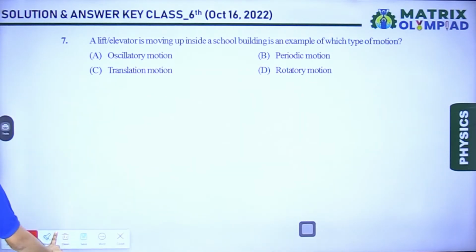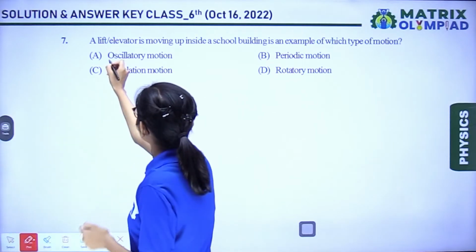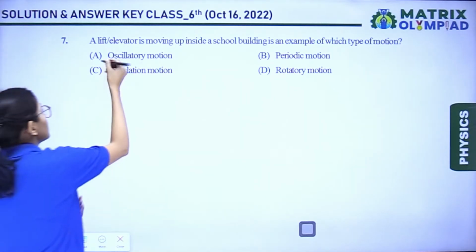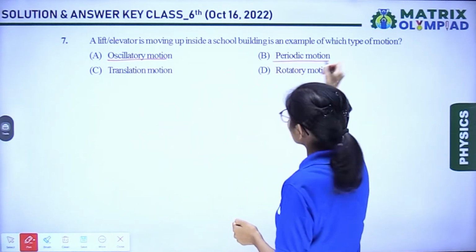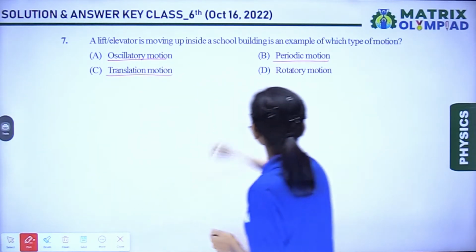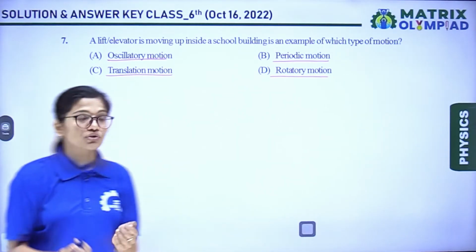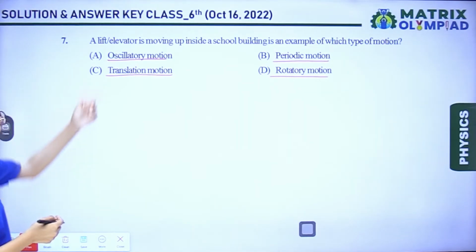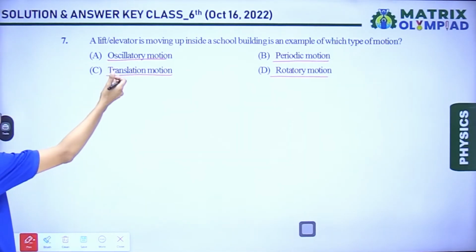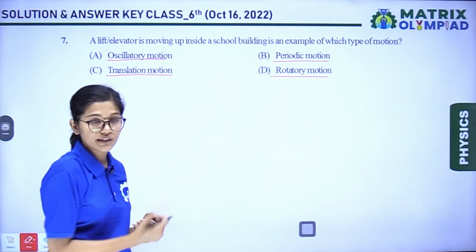In question number 7, we have to tell the motion of a lift. Let's see the options of this question: oscillatory motion, periodic motion, translatory motion, or rotatory motion. At first, in oscillatory motion there will be to and fro motion, like the motion of a simple pendulum. In periodic motion, the motion is repeated after a fixed time period.